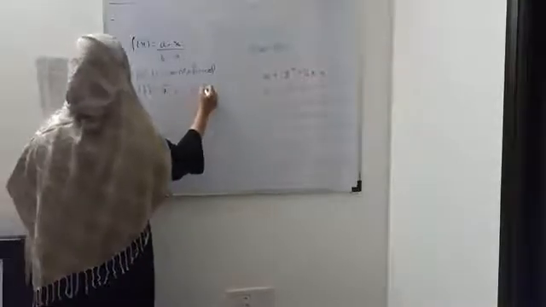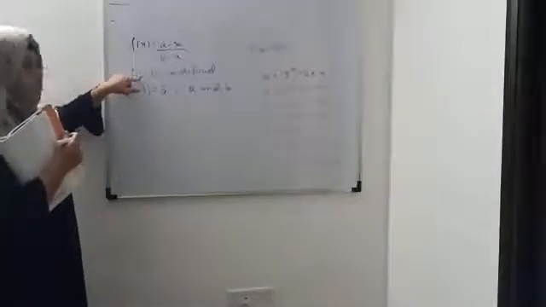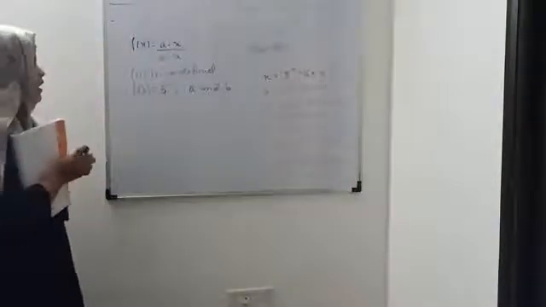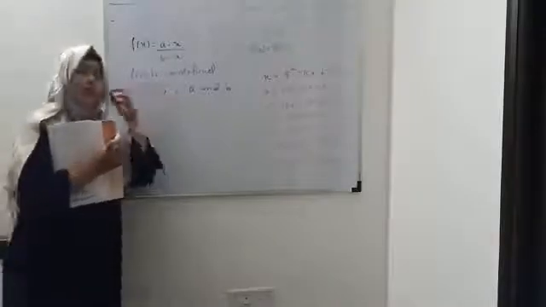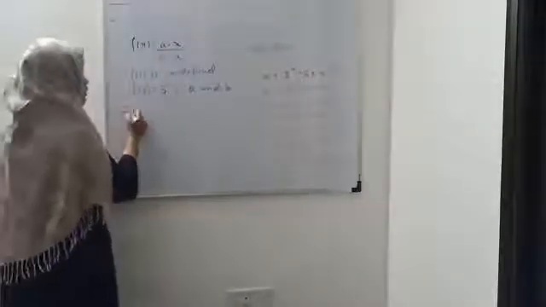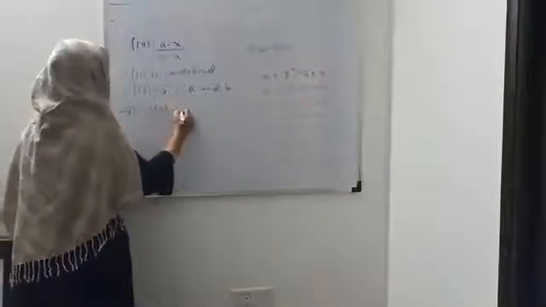Find a and b. Okay, one function is given, and if you find the value of the function at x equals 2, it will be undefined. It will not be defined. And f of 3 is equal to 5, then we have to find the constants a and b.